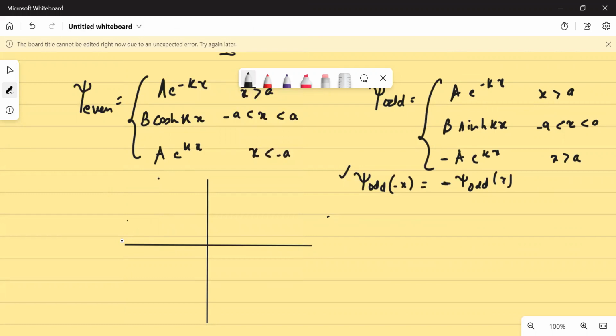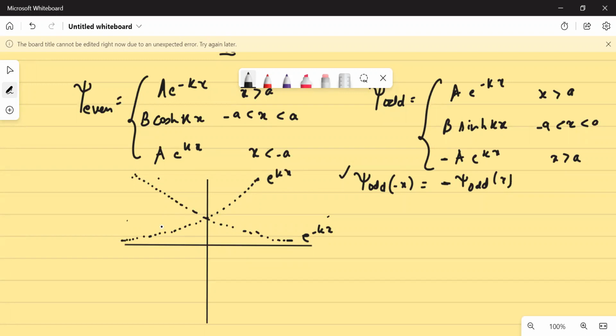So for example, cosh x is represented by a linear combination of e to the power kx, which is this, and then e to the power minus kx, which is this. So this is how your e to the power minus kx and e to the power kx lie.